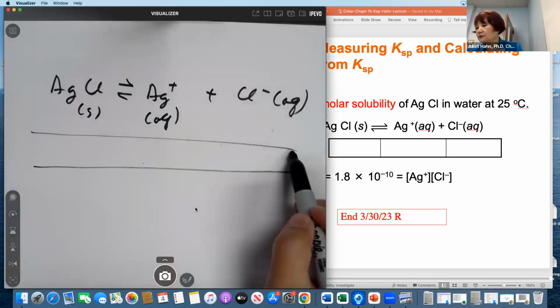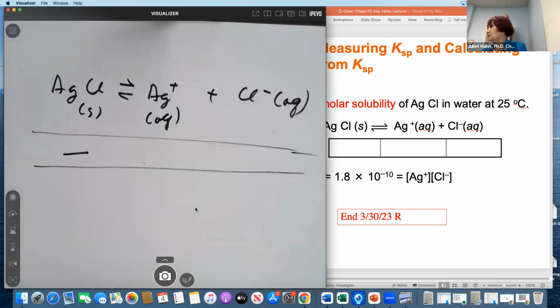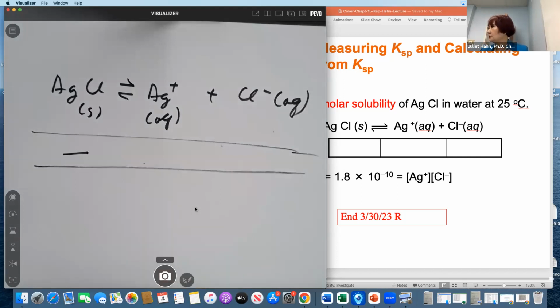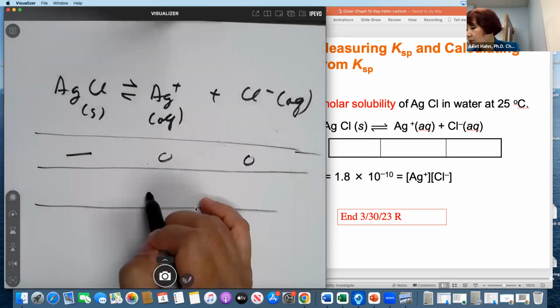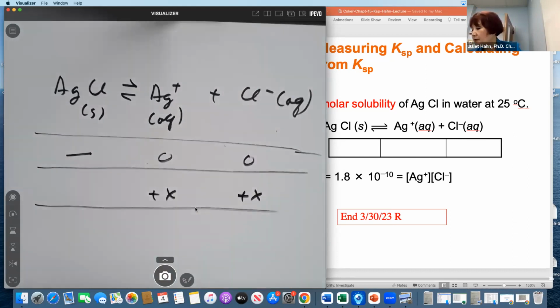The only thing is for the solid, you don't write anything down because it's a solid, so it doesn't show up in the KSP equation. If you don't know what the concentration is, the original would be 0 and 0, and then you can say plus X and plus X. Then you can write out an equation for KSP.